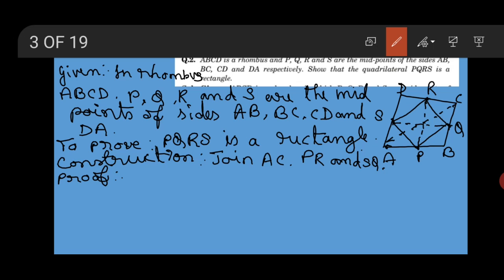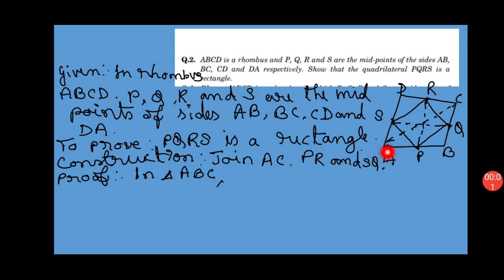Now, proof. In the earlier problem, we proved that PQRS is a parallelogram. Similarly, we have to first prove PQRS is a parallelogram. In triangle ABC, P and Q are the midpoints of sides AB and BC. It's given.